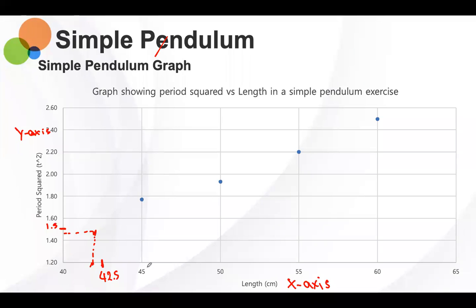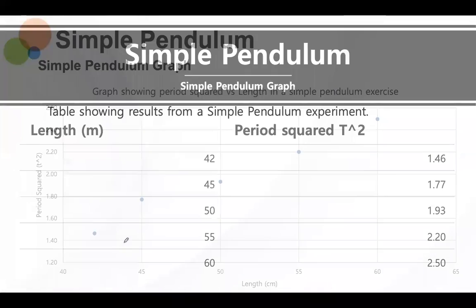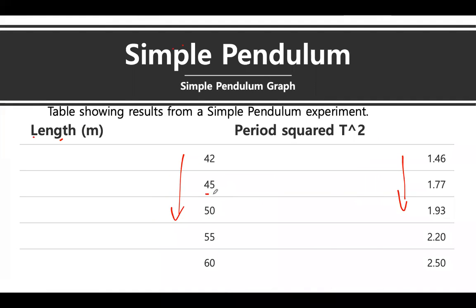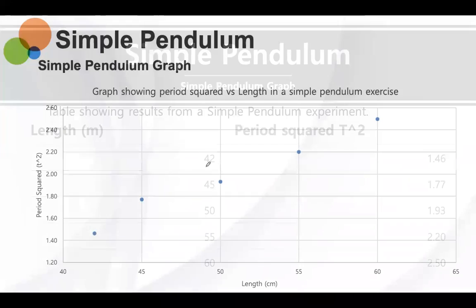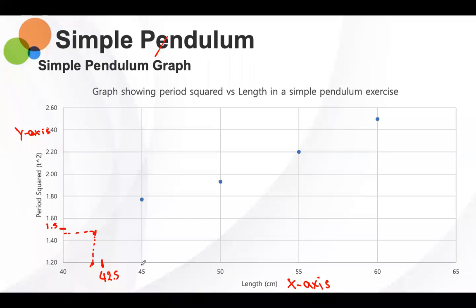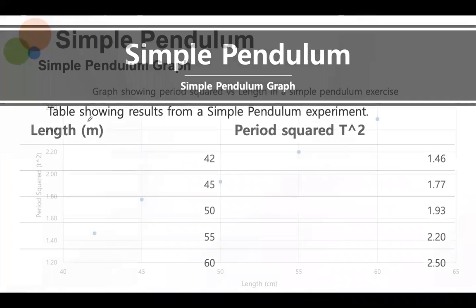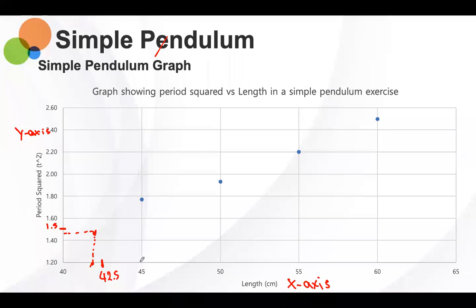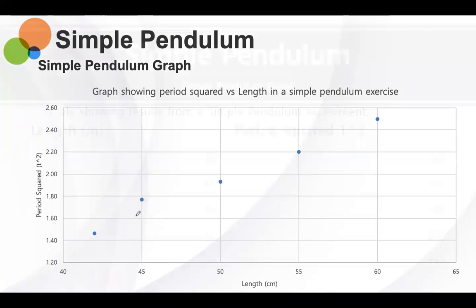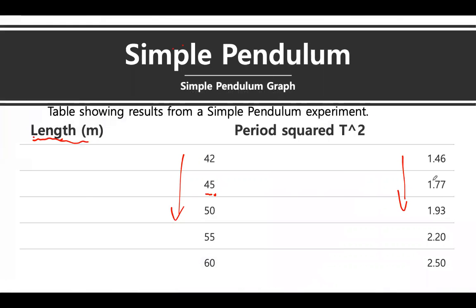Okay. Let's try the other one. So the next reading was 45. 45 would be here on our length. We matched up to 45, and now on our y-axis, we have 1.77.